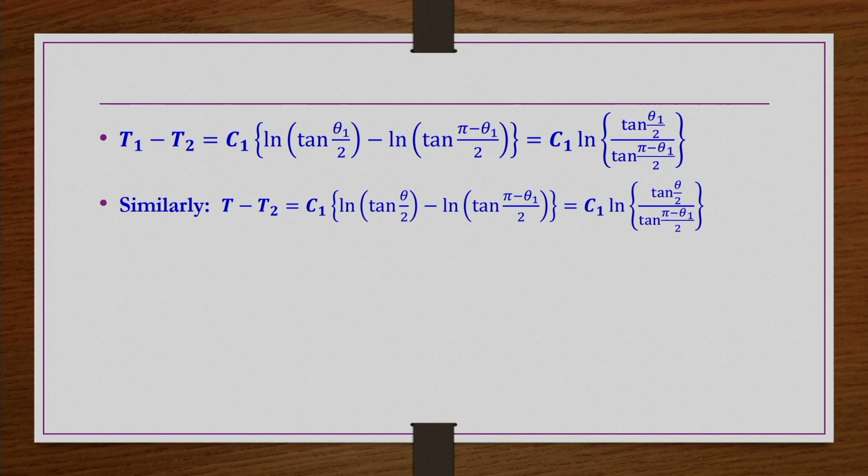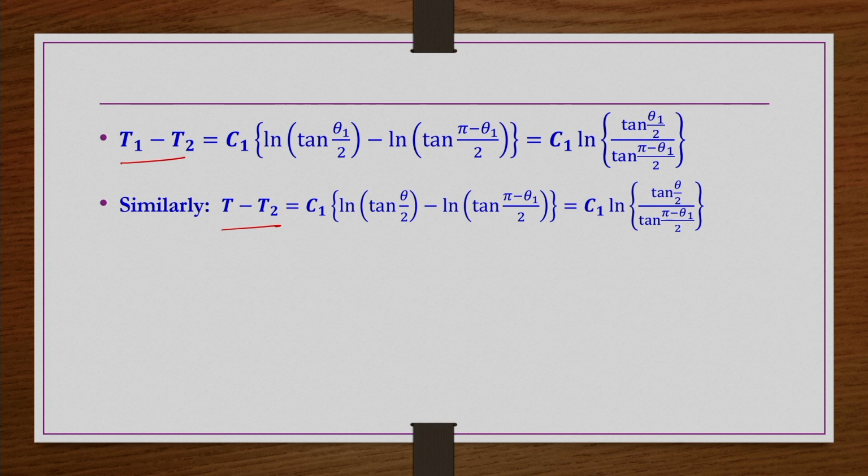So, similarly, if you want to know the unknown temperature at some unknown theta value, you can replace theta 1 by theta by writing T minus T2 equals C1 times ln tan theta by 2 minus ln tan of pi minus theta 1 by 2, that is C1 ln of tan theta by 2 divided by tan of pi minus theta 1 by 2. Now you can divide this by that expression, so then C1 would be cancelled out.